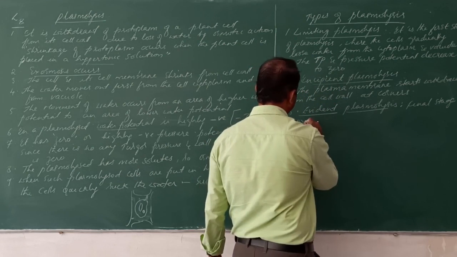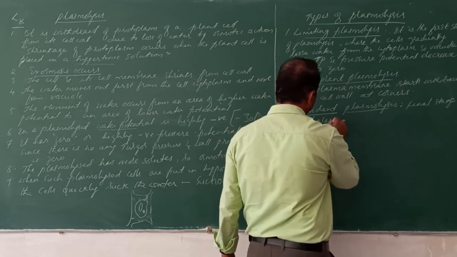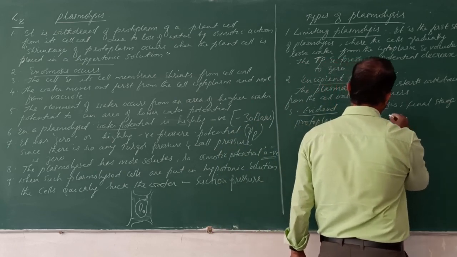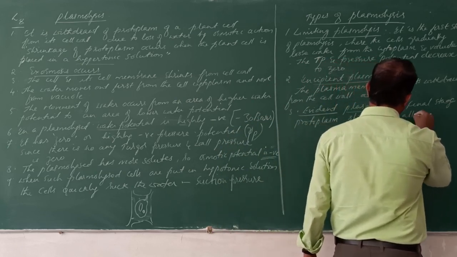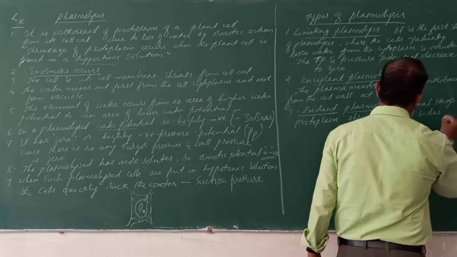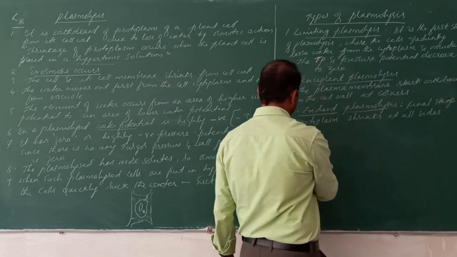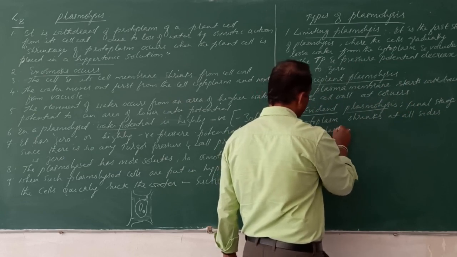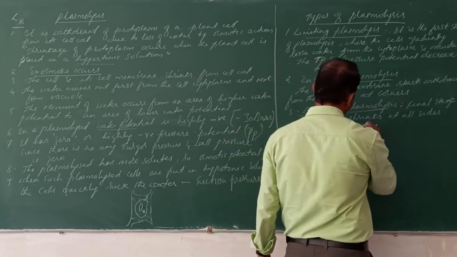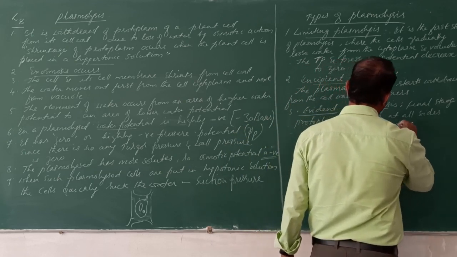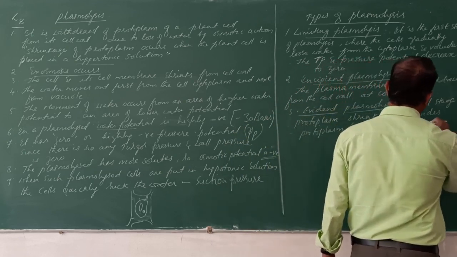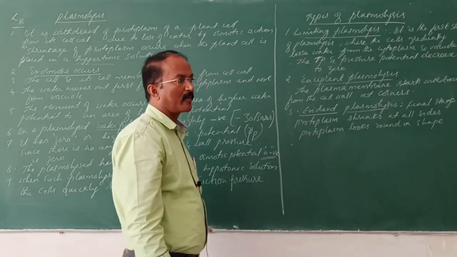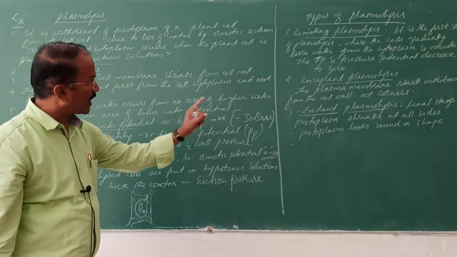So the protoplasm shrinks at all sides, and the protoplasm looks round in shape. In this type, the cells cannot remain alive in evident plasmolysis.